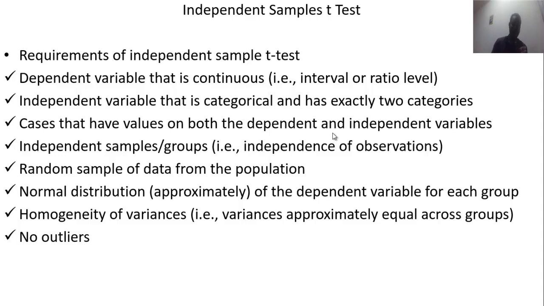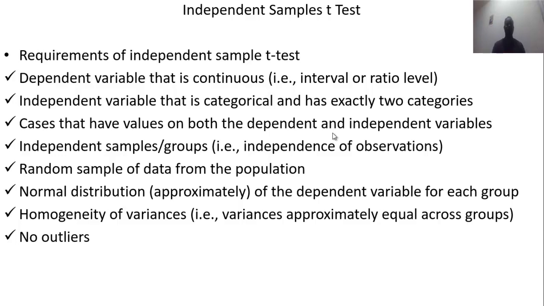Some of the assumptions can simply be checked by observing the character of the variables and the nature of the data. And others, like normal distribution, homogeneity of variance, and the outliers, you're going to check by using software.